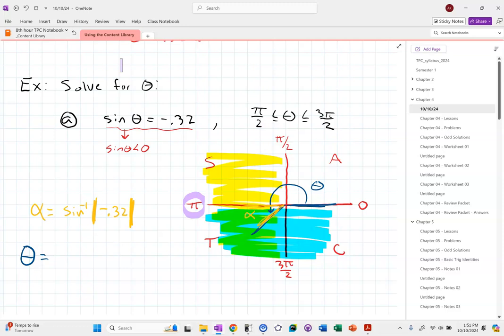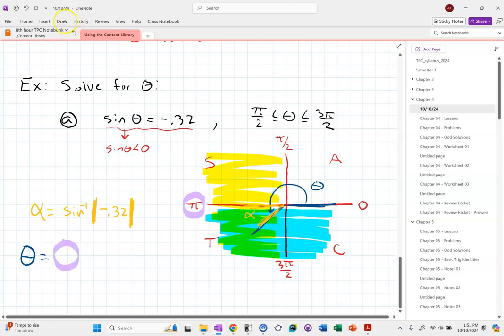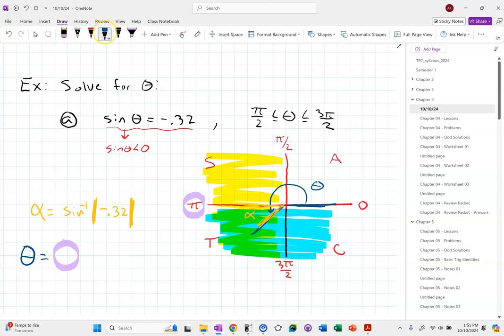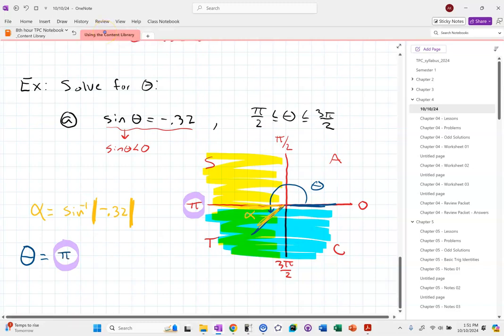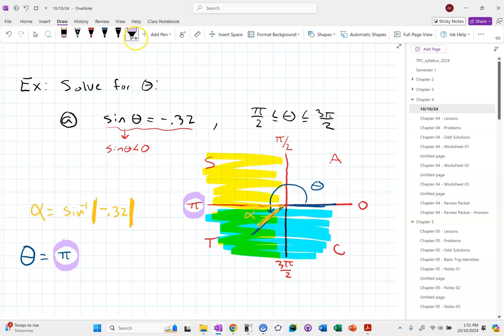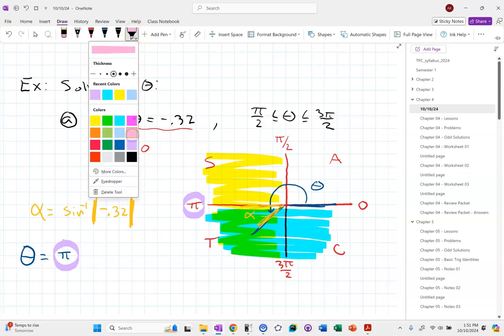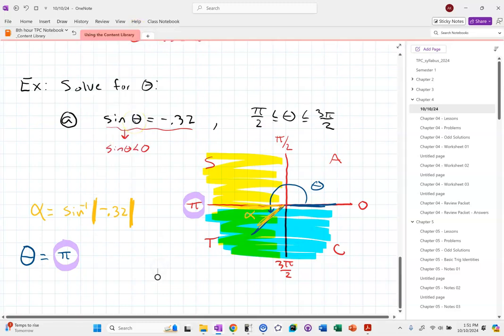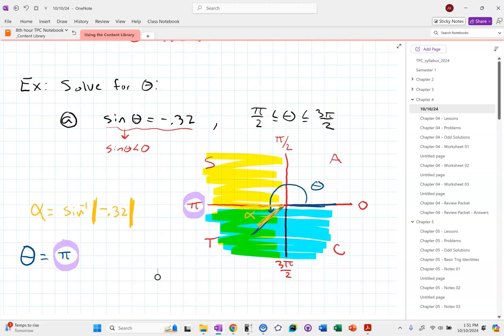So in that case, it's going to be pi. Then I look at which axis theta crosses last on the way to its terminal side.